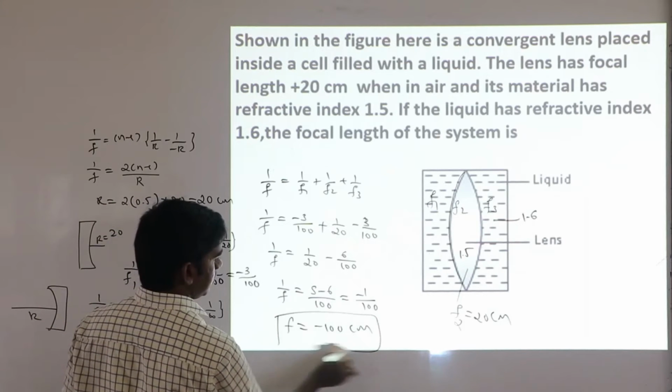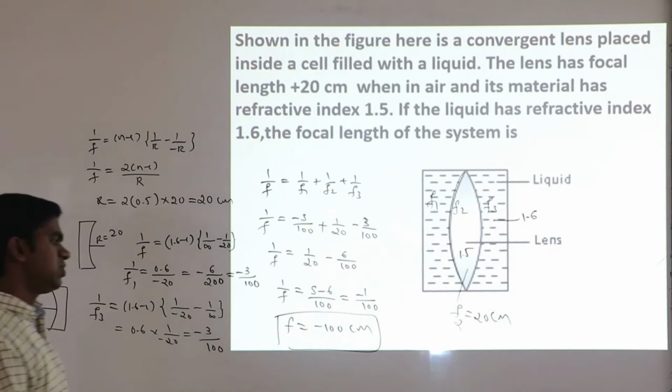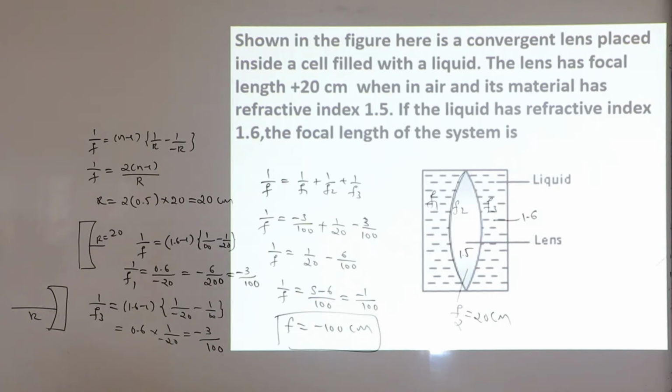That means the system acts as a diverging lens of focal length minus 100 centimeter.